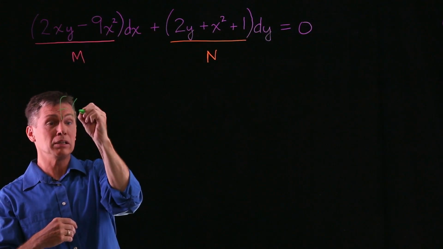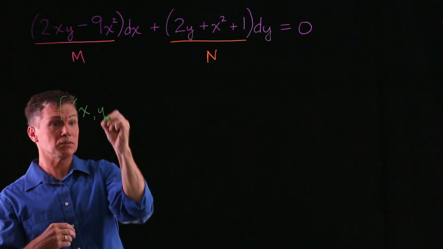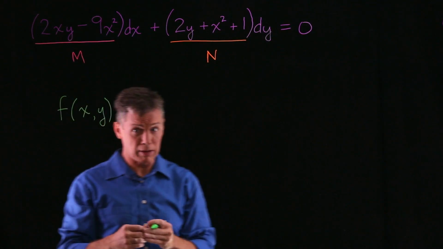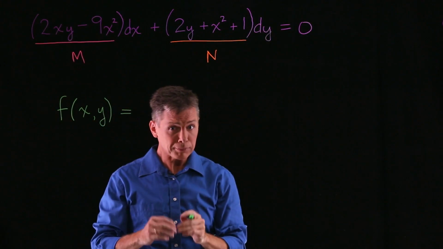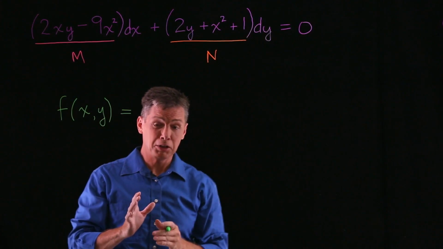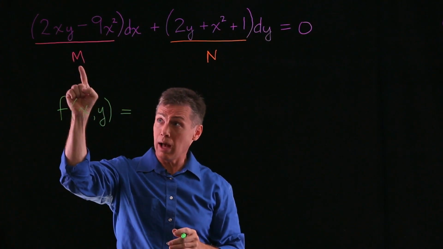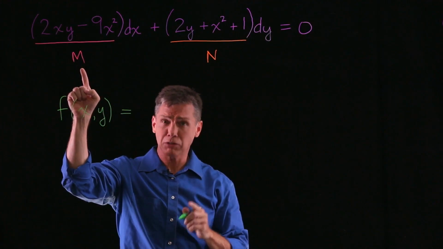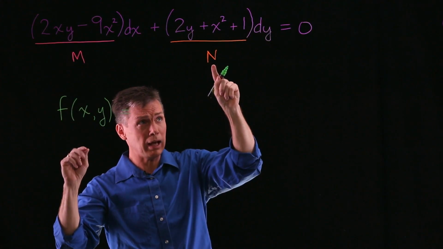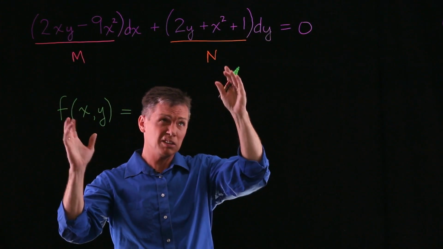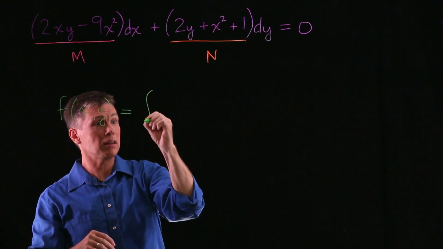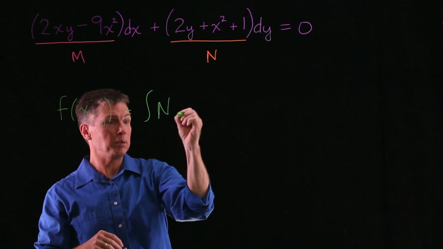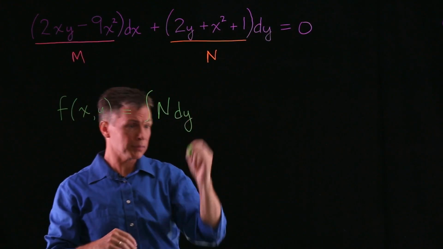And the routine is that we look for this little f of x,y by doing some integration, and I hope this rings some bells for you. You can integrate either M with respect to x, or you can integrate N with respect to y. It's a toss-up here. I think I might grab the N and integrate that with respect to y.